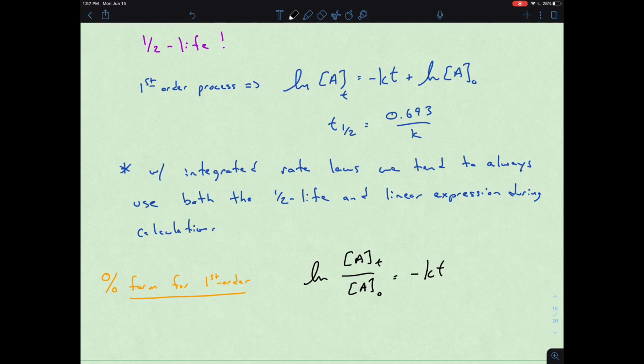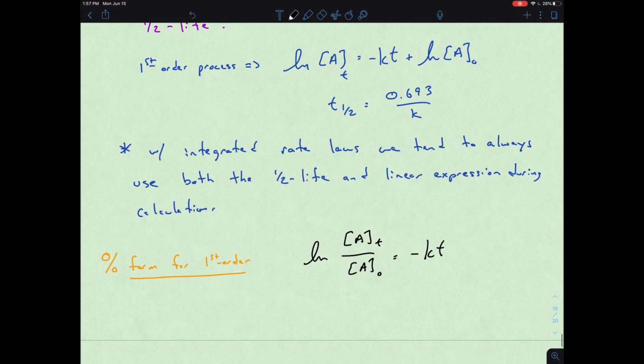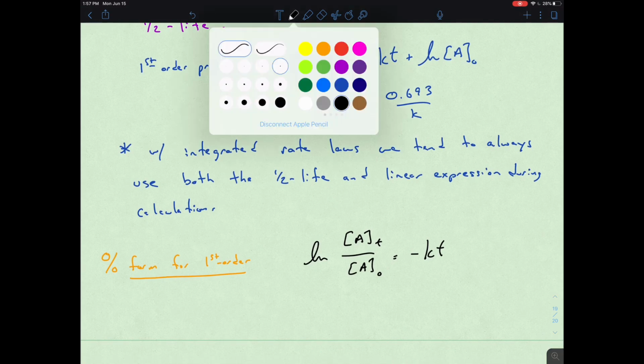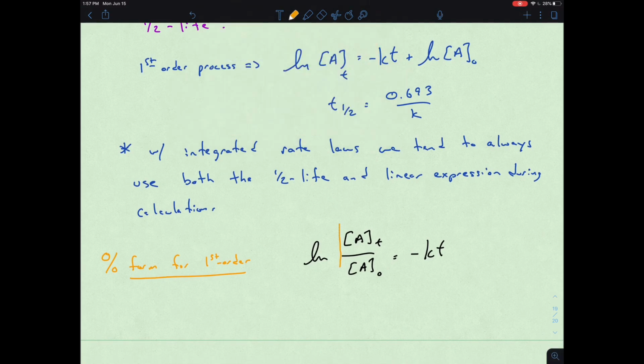Where I have the natural log of A sub t over A sub naught is equal to negative kt, because here is where I find my fraction, which if I multiply by 100 is my percent.